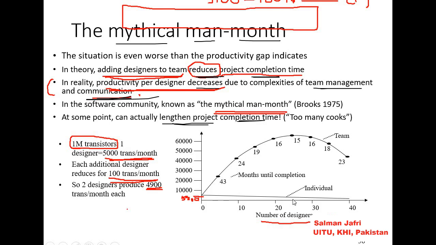Productivity increases up to 25 and 26 designers. Then when we increase the number of designers further, the team productivity starts to decrease instead of increasing. That is the whole point of this calculation. Now you can find the time to completion for this particular point, which is n equals 25 or n equals 26.